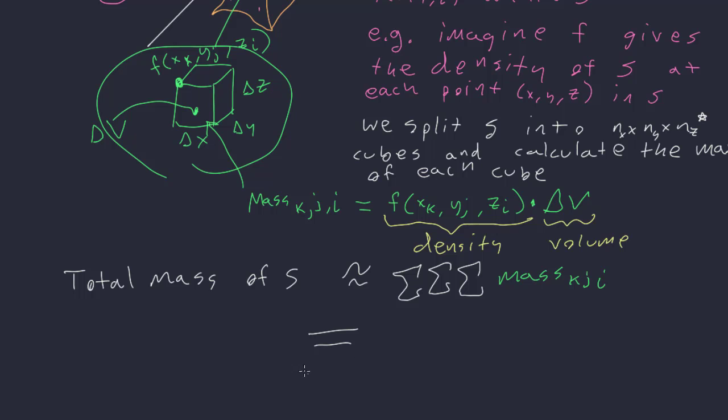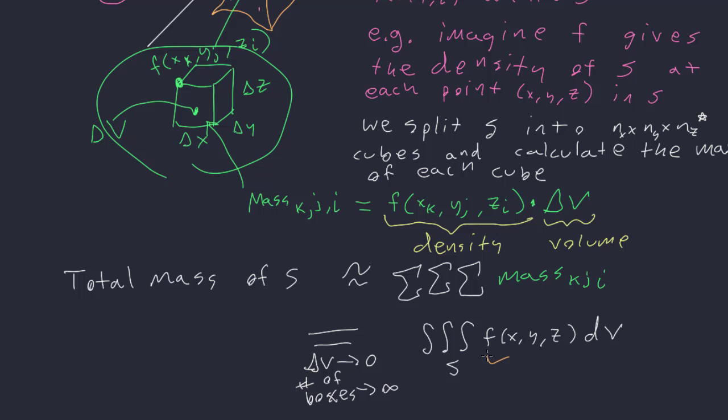So we'll get equality as delta V goes to 0, as the number of boxes goes to infinity. We get equality, which will be the triple integral over S of f of x, y, z dV. So just like before, f will be our density function, and dV represents the volume.